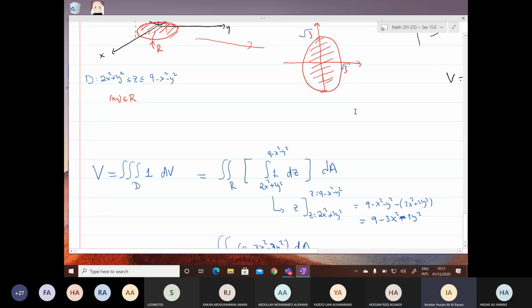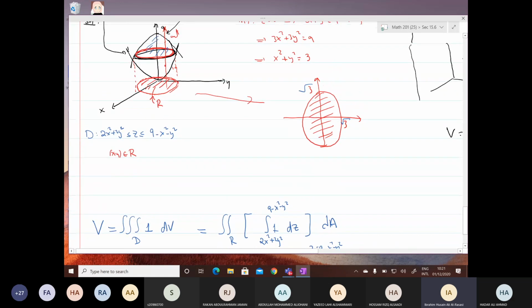This is what we said in the previous section: if the region is a circular region, it is better to use polar coordinates, and the evaluation becomes easier. So I need the equation of the circle: r squared equals 3, and hence r equals root 3. How do we describe r and theta?